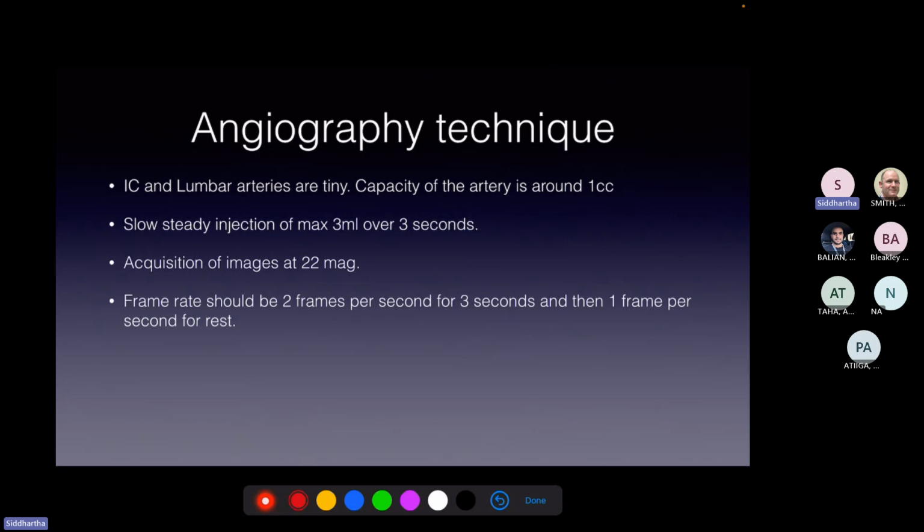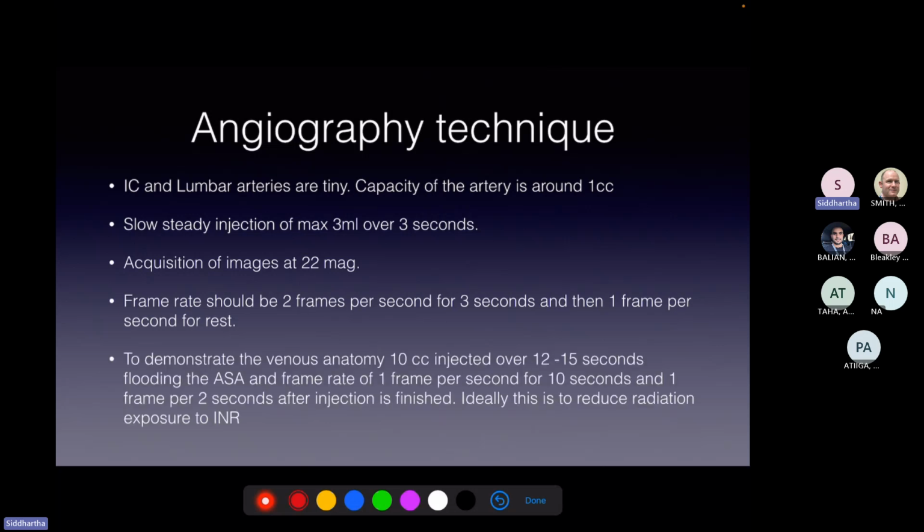It floods the anterior spinal axis completely for 12 seconds, at a frame rate of 1 frame per second for 10 seconds, and then 1 frame per 2 seconds. Till the whole venous anatomy is seen, we just keep going at that speed. So this lowers the radiation, and once you demonstrate the normal veins, then it's fine. So that's the technique I use in our department.